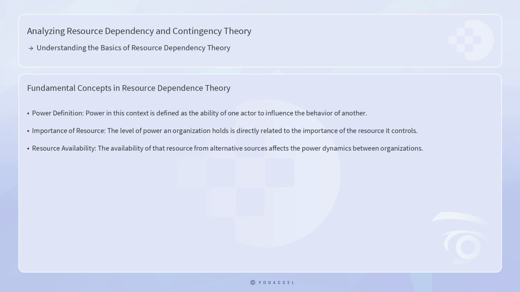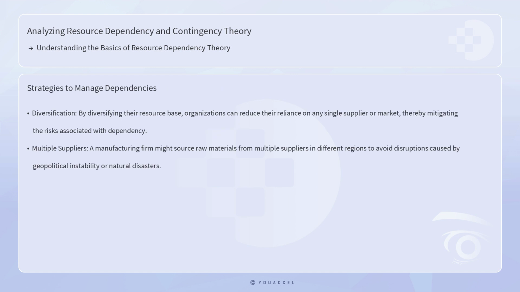For instance, if a particular supplier is the only source of a critical raw material, that supplier wields significant power over the organization dependent on that material. Conversely, if the resource is readily available from multiple suppliers, the organization's dependency on any single supplier is reduced, thereby diminishing that supplier's power.